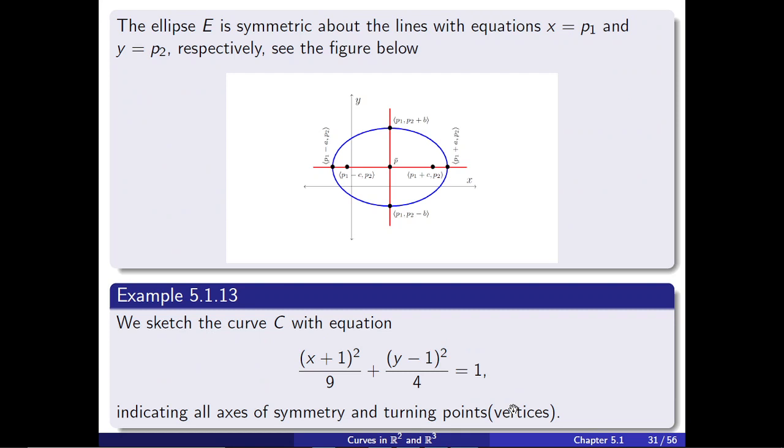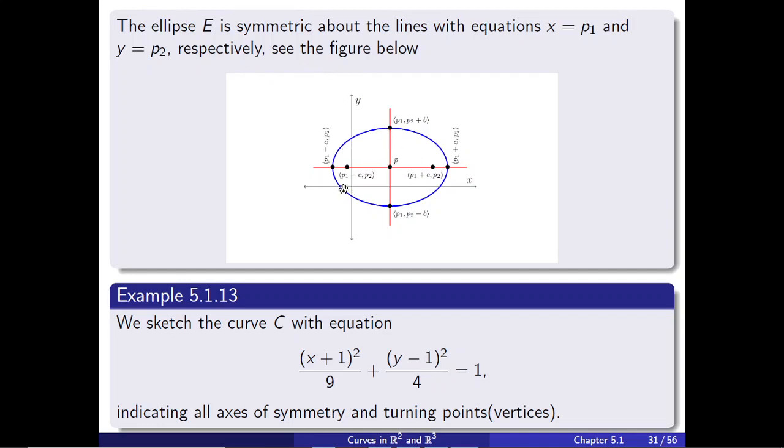Right, and the ellipse is symmetric about the lines x is equal to p1 and y is equal to p2 respectively, and we can see the figure below.